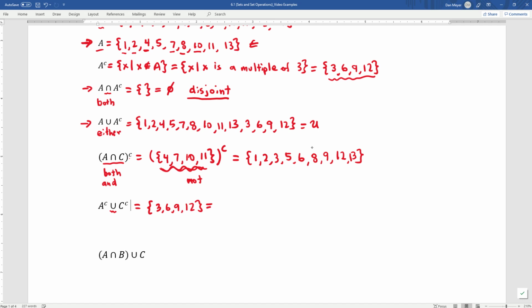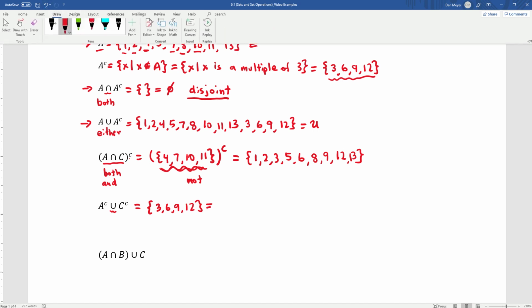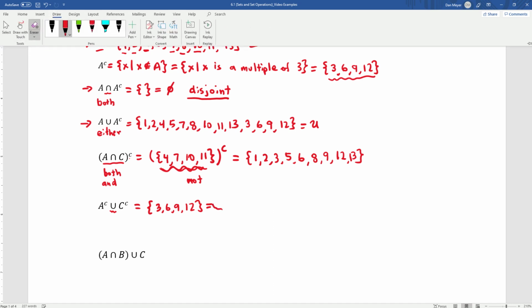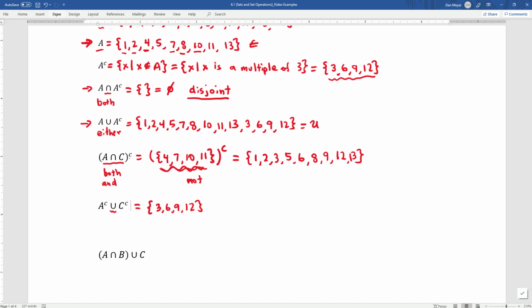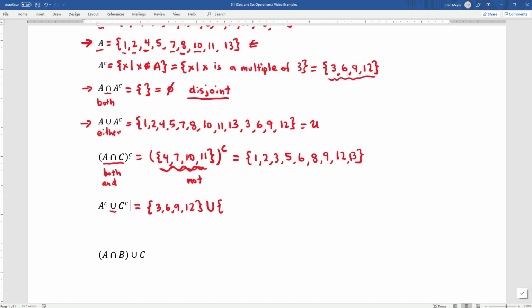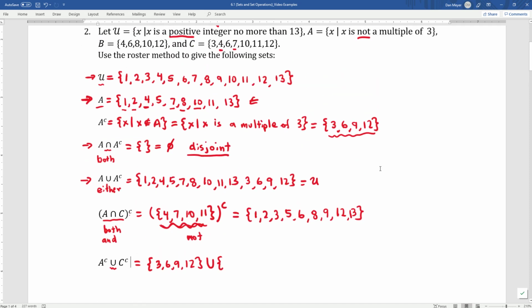C complement, oops, I don't want equals, I want the union. C complement is going to be all of the things that are not in C. So we got to look at C and figure out all the things that are not in C. All right, so let's see. 1 is not in C, neither is 2. 5 is missing from C. 8 and 9 are missing from C, and 13 is missing.